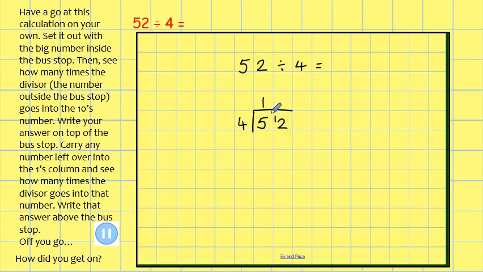How many lots of 4 are there in 12? 3 4s are 12, correct. So we know that 4 goes into 12 3 times. And that is our answer. 52 divided by 4 equals 13.